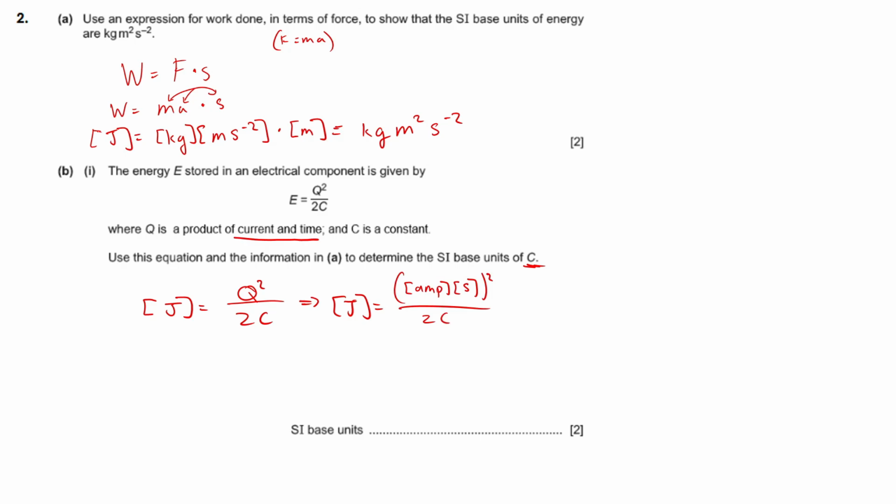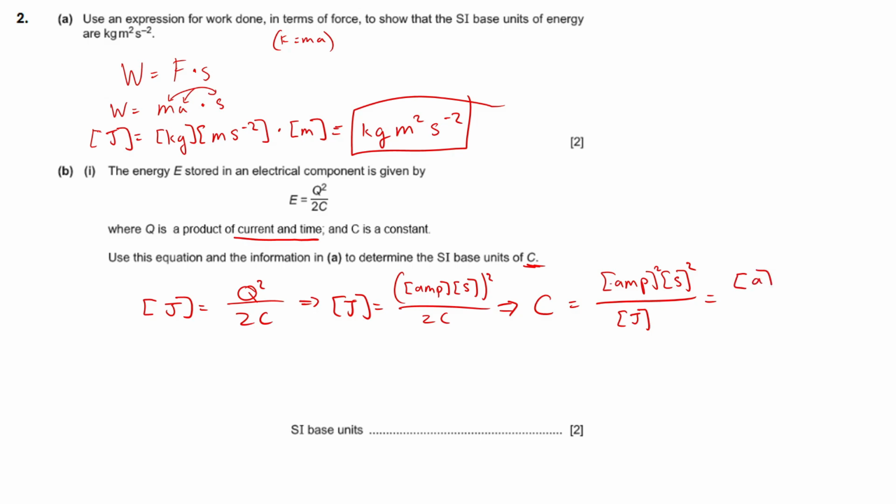Let's solve for C. We multiply by C and divide by joules, so we flip it and get amps s squared, where I distributed the power, over joules. We actually calculated joules up in question A, so we can substitute this further: kg m^2 s^-2.